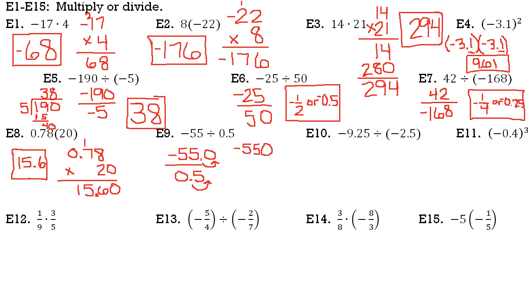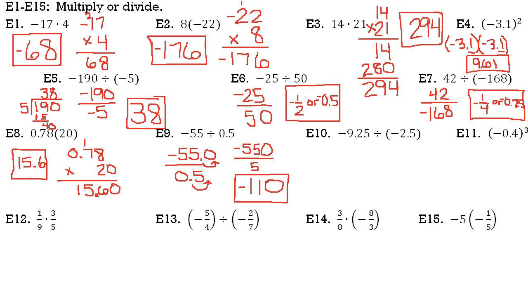That's what just happened: I took the numerator, multiplied it by 10, and the denominator, multiplied it by 10. That's a decimal trick that people use, and it works really well. It makes more sense because now you don't have to worry about decimals, you can just finish the problem.